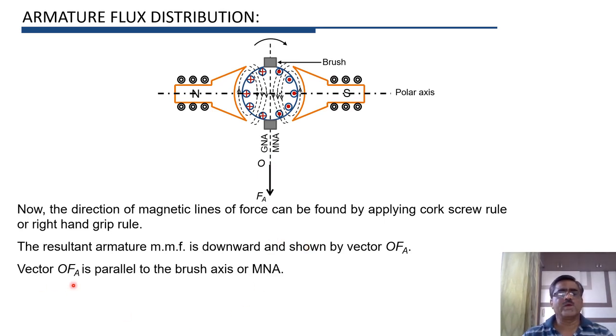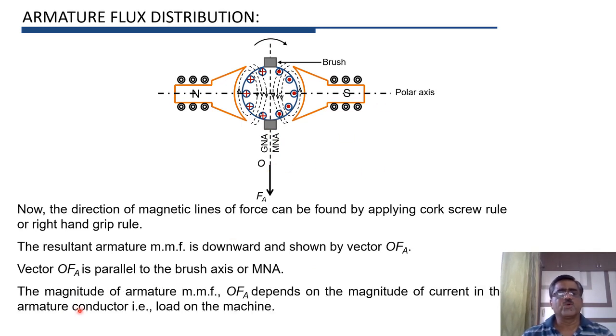Now vector OFA is parallel to the brush axis or magnetic neutral axis, or MNA, which is also called the axis of commutation.